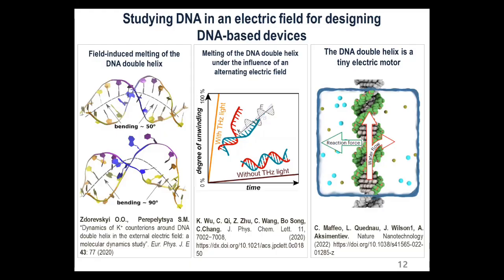So in such a way, the authors have an idea of such a tiny electric motor, and this is possible, but this hasn't been done yet experimentally. This is just atomistic simulations.